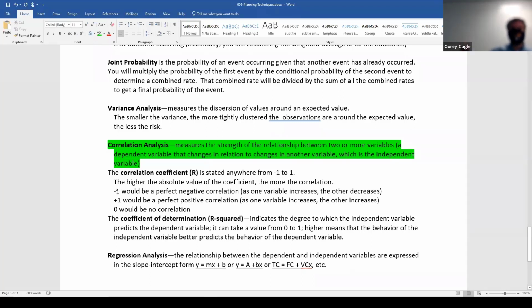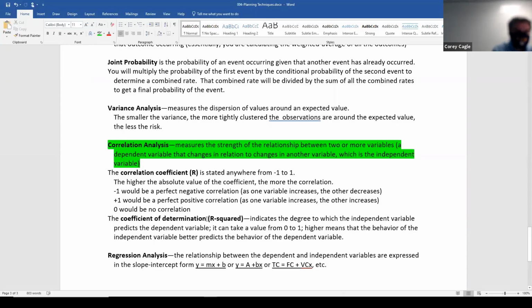One variable goes up, the other one goes down in an equal way. +1 will be a perfect positive correlation. If one goes up, the other goes up in the same way. 0 would be absolutely no correlation. So, between 0 and 1, you've got a positive correlation, but it's not perfectly positive, right? As one goes up, the other goes up less, but still goes up with it, right?